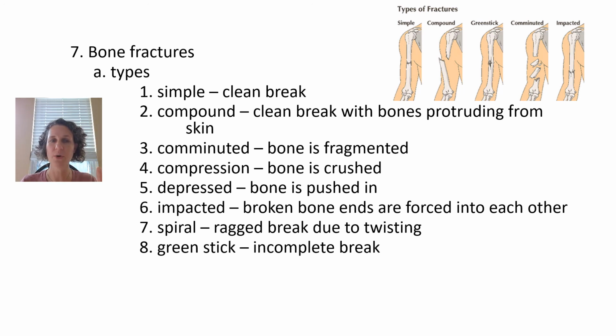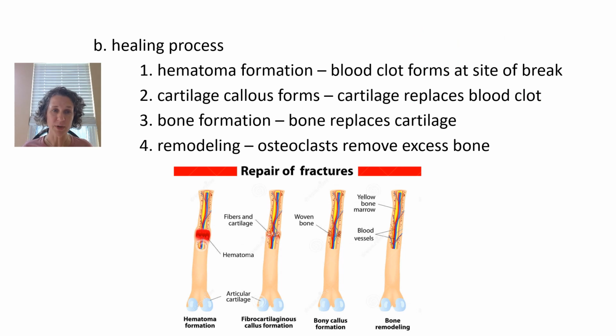All right, so now if you do break a bone, it heals in a pretty specific way. And so there's 4 steps. You have a hematoma formation, which is the formation of a blood clot at the site of the break. So it's just your blood rushes there and it basically kind of hardens into a clot around the break.